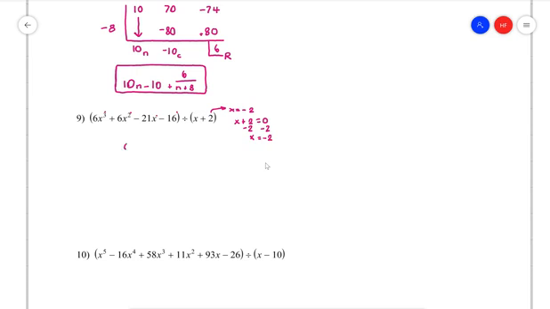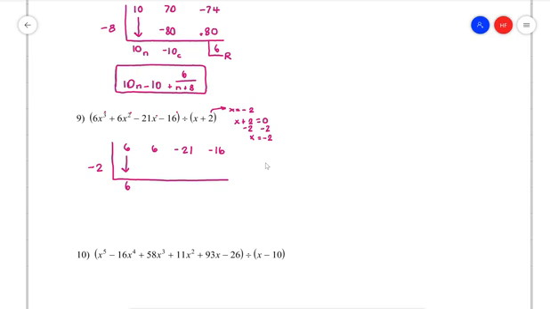So we would write our coefficients. We have 6, 6, negative 21, and negative 16. And then negative 2 goes on the outside. That's what we're dividing by. Bring down the 6.